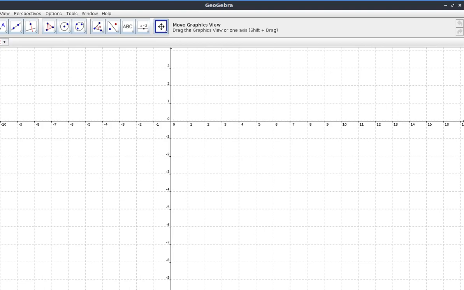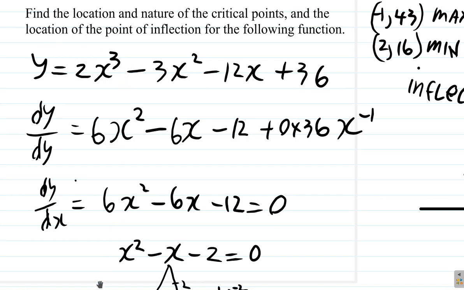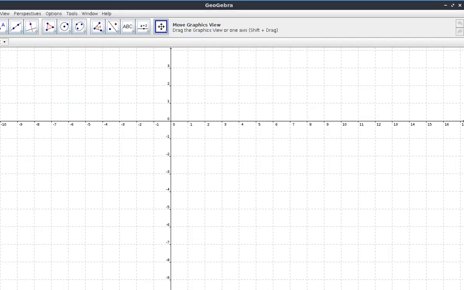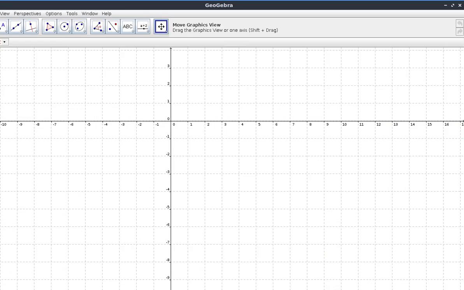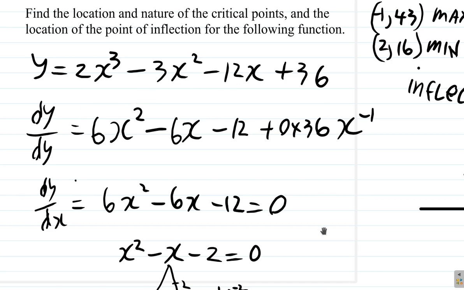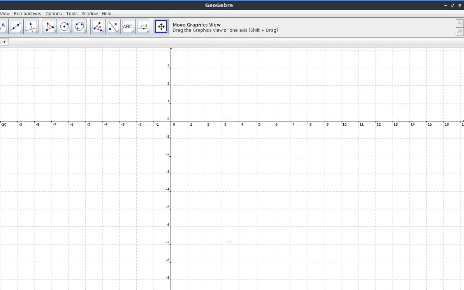Let me type in the function 2x cubed minus 3x squared minus 12x plus 36.